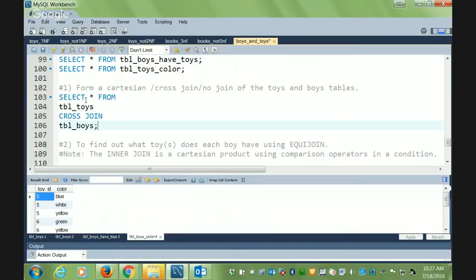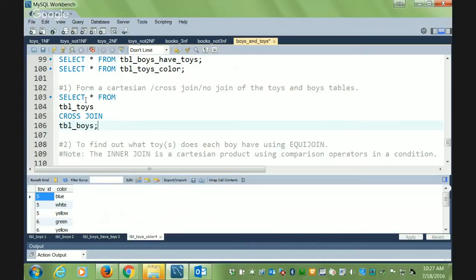So what am I doing? I'm joining 2 tables. Can you only join 2 tables? No, you can join 3 tables, 4 tables, whatever, it doesn't matter. So this one is showing you a no join or a cross join between the 2 tables, which is simply going to take all records of the first table and multiply them with all records of the second table.